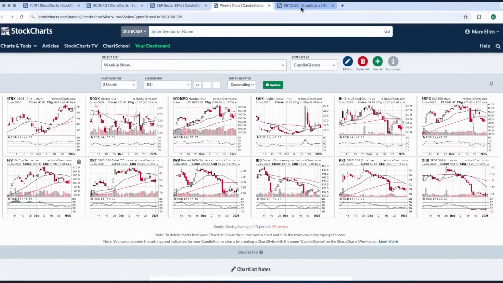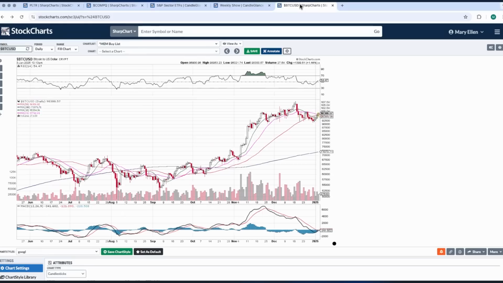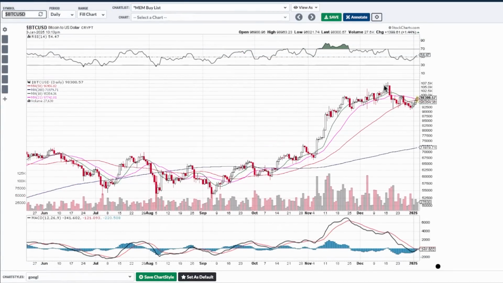Another area that we can take a look at as a proxy for investors' confidence or appetite for growthier areas is taking a quick look at Bitcoin. And I'm using the view from the initial interface page on Stockcharts.com. And we are looking at Bitcoin to that US dollar. And you can see we are back up above that 50-day simple moving average, RSI in positive territory, just on the cusp of a MACD crossover.